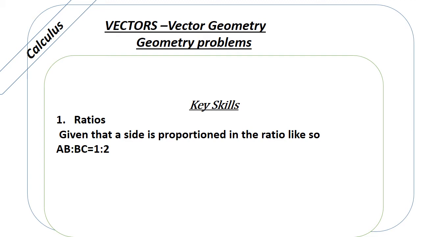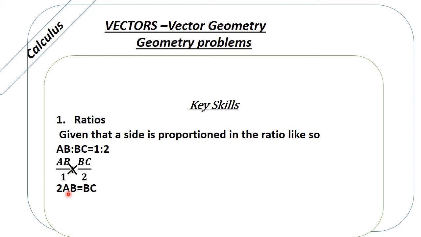For you to find how AB is related to BC, you just do this: AB over, you put 1 over it, and BC over, you put 2 over it. So it will be AB over 1 equals BC over 2. AB is the first, 1, BC is the second, 2. With that you cross multiply, this multiplied by this and this multiplied by this, and you have 2AB equals BC.